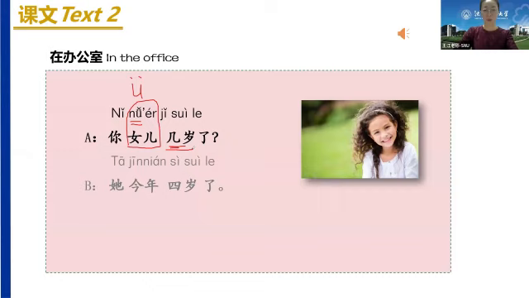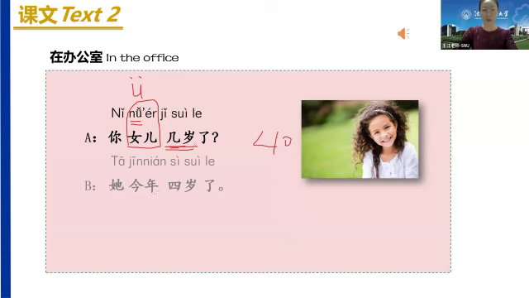And when we ask about a person's age, especially a child's age, whose age is less than 10 years old, we can use 几岁. 几岁 means how old. 你女儿 your daughter. How old is your daughter? 她今年4岁了。She is 4 years old this year.